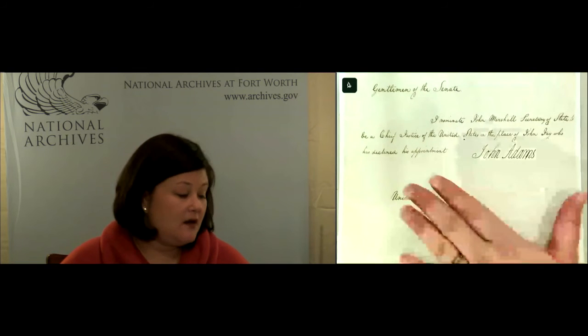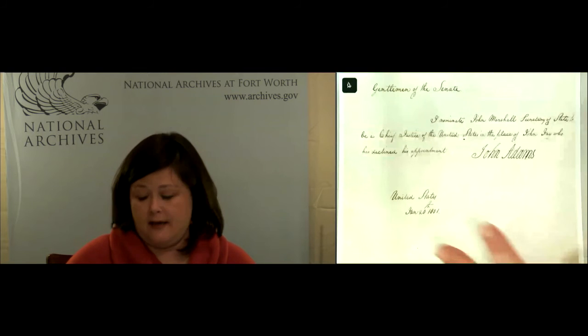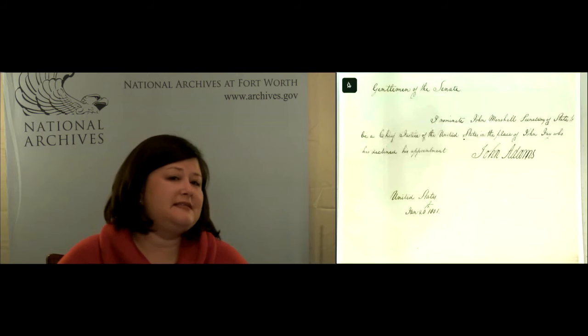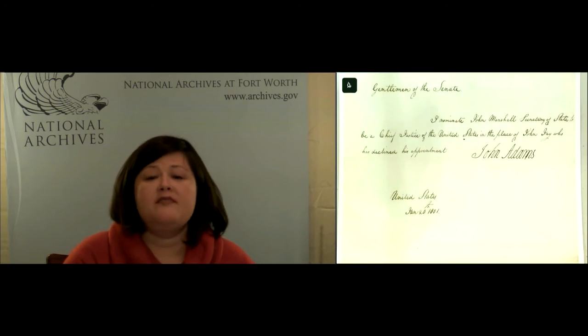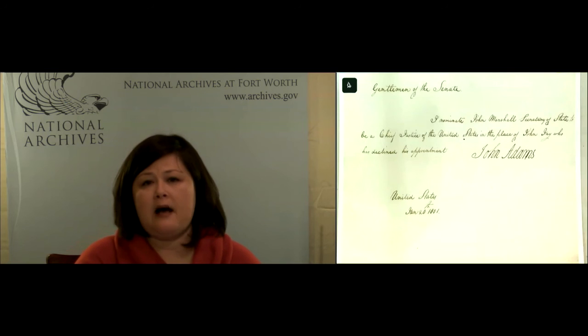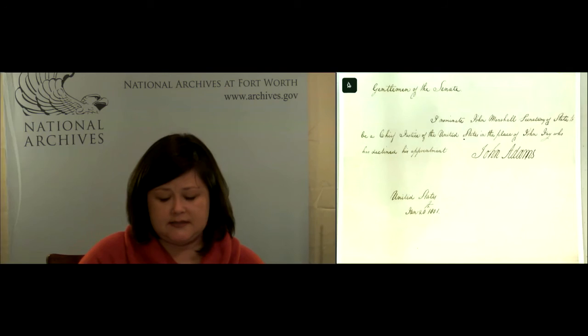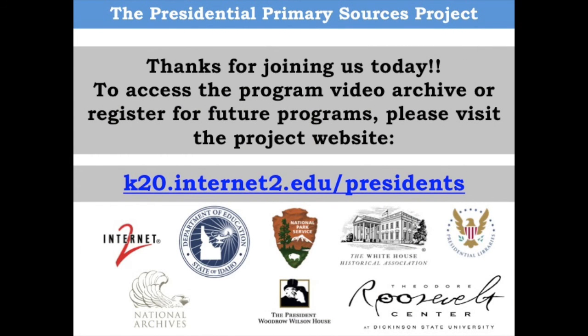So this particular document, although it's very short, had a very large impact on the nation's history. So you can look at these different documents as ways to not only show you how they illustrate those powers of our president, but also the fact that you can learn about different events in American history related to these documents.